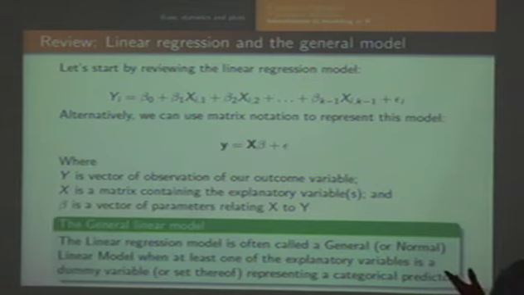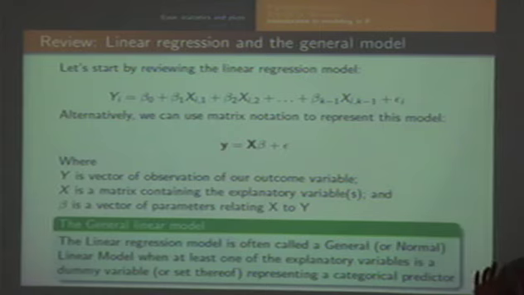What's the difference between a linear regression and a general linear model? You could argue they're not different. What's a general linear model? It's a linear regression that can have both continuous and categorical predictors. That's all it is.